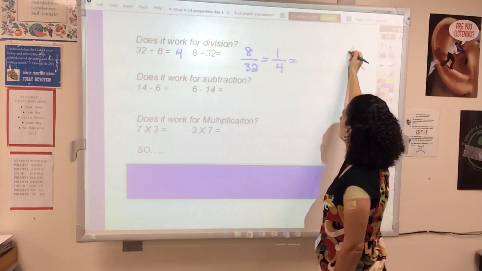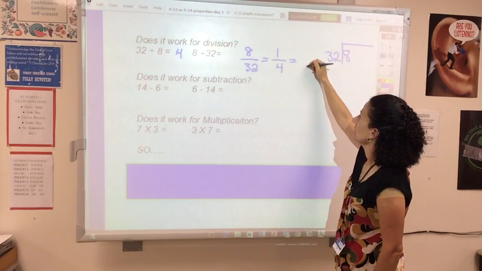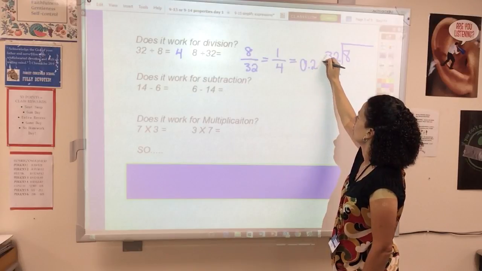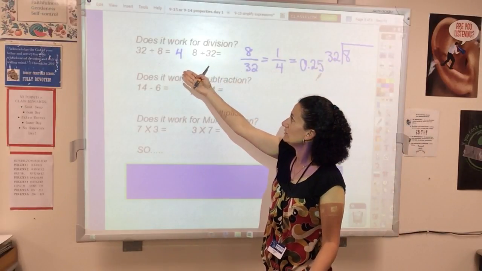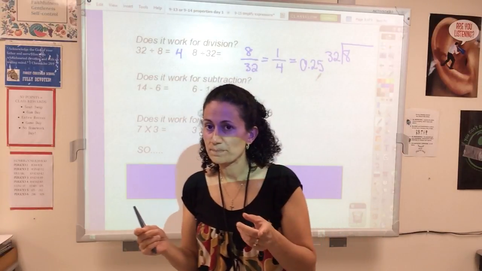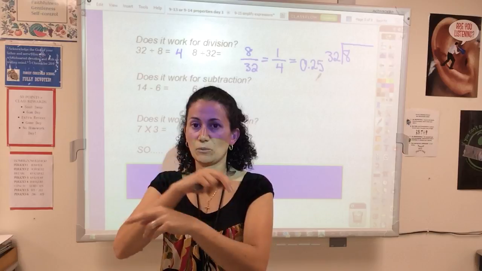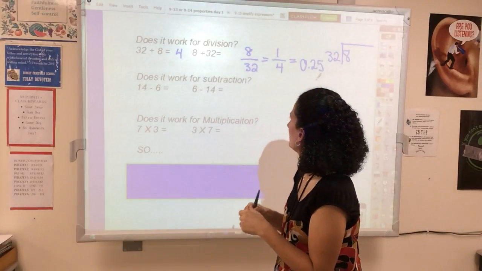Or if you were to divide 1 by 4, you would get 0.25. Not the same thing. 32 divided by 8 is not the same as 8 divided by 32. Therefore, the commutative property does not work for division.